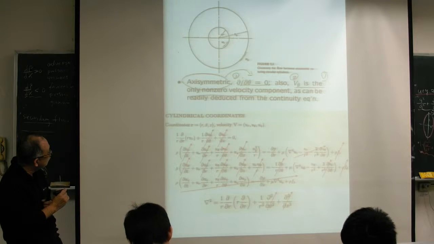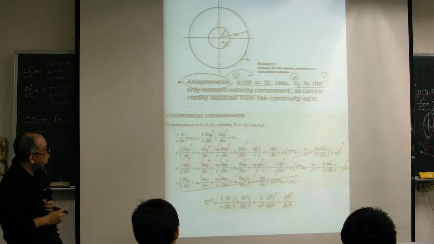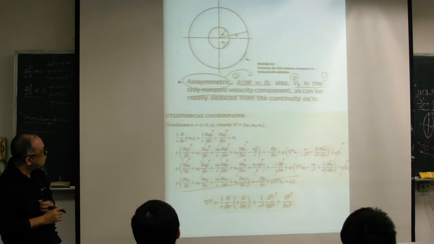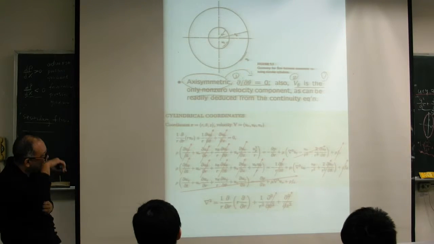In the r direction, this term with u theta survives, and we have a minus partial p partial r, the pressure gradient in the r direction. All the operators related to ur are equal to 0. And this is the body force; we didn't consider body force, so all body force should be neglected.